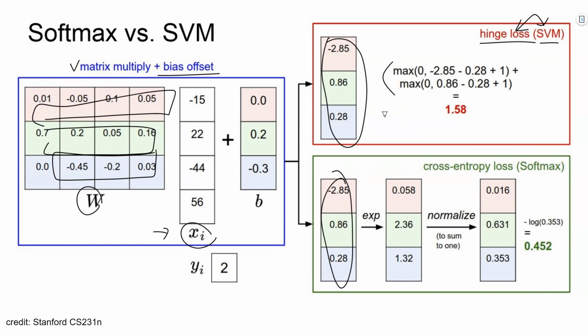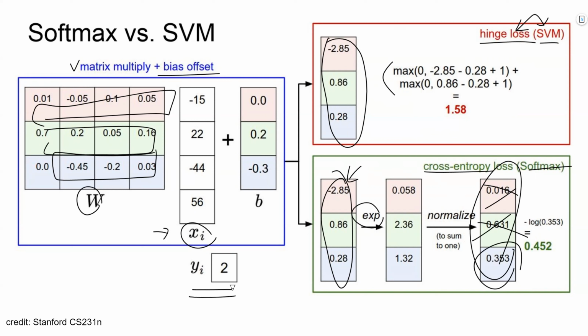And in the case of softmax or cross entropy loss, we need to do some extra work. We first need to exponentiate this vector and then normalize it to make it a probability distribution. And we do not care about other classes, but only the ground truth class label.